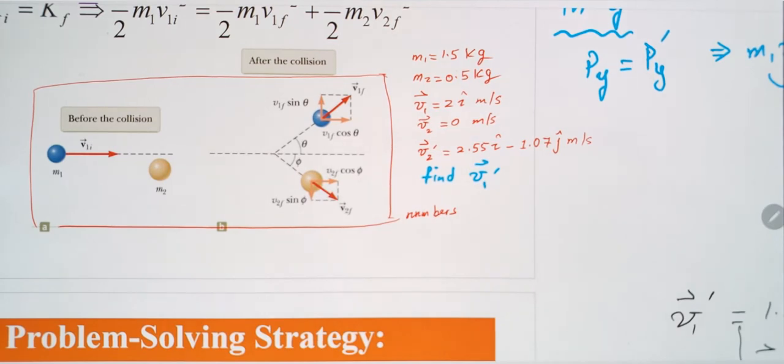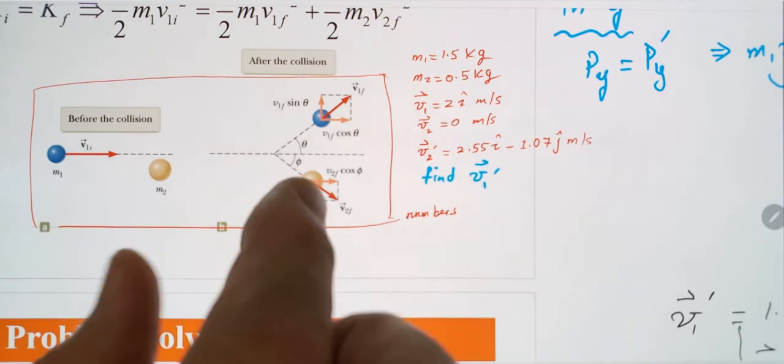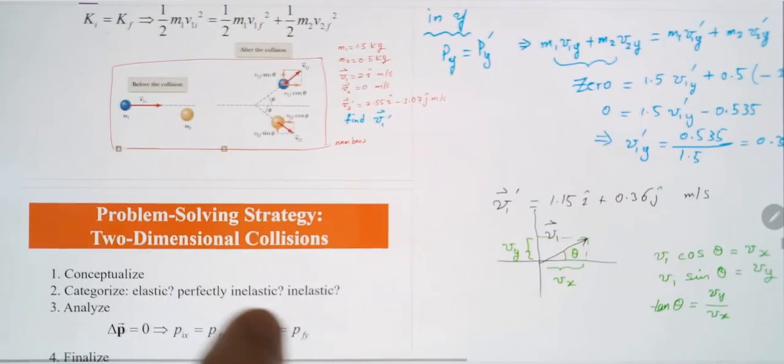However, in terms of principle, you need to know the difference between the three. When it is elastic collision, kinetic energy is conserved, momentum is conserved. When it is total inelastic collision, momentum is conserved, kinetic energy is not conserved. All right, I got it now. Fine. Any other question?